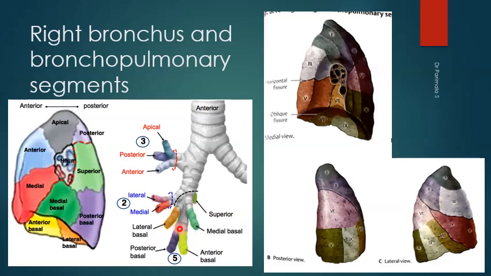So the 10 bronchopulmonary segments of the right lung are: the apical, number 1, then second is the posterior, third is the anterior, and the middle lobe has fourth and fifth. Fourth is lateral and fifth is medial.